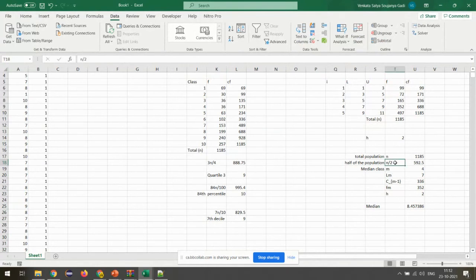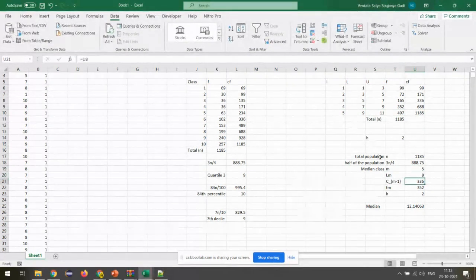So instead of n by 2, we do 3n divided by 4. So we get 888.5. So where is 888? It is here. So the median class is 5. You have to select 5. The lower limit is 9.